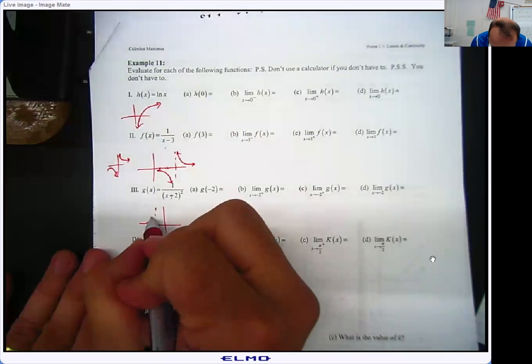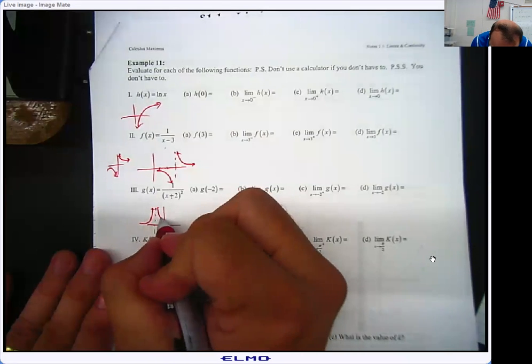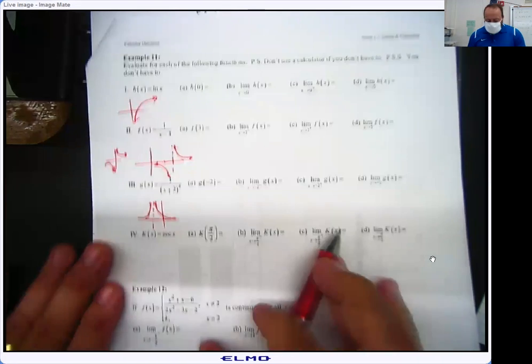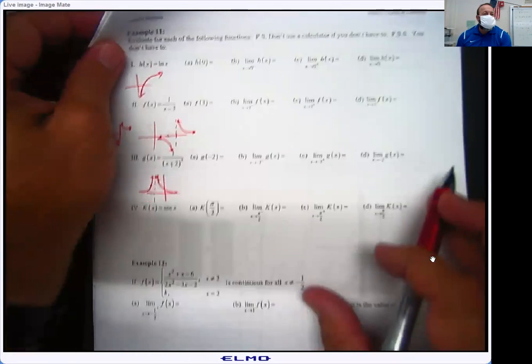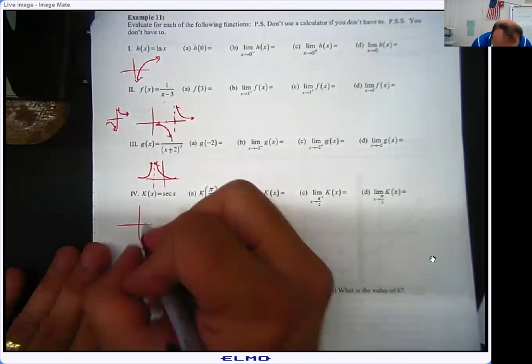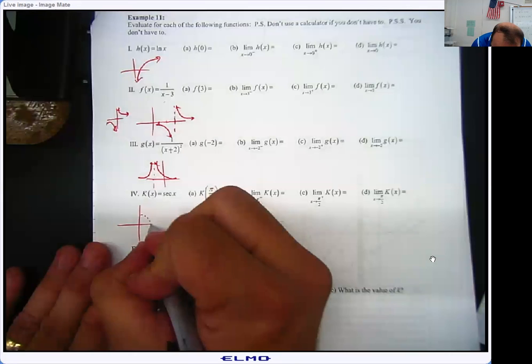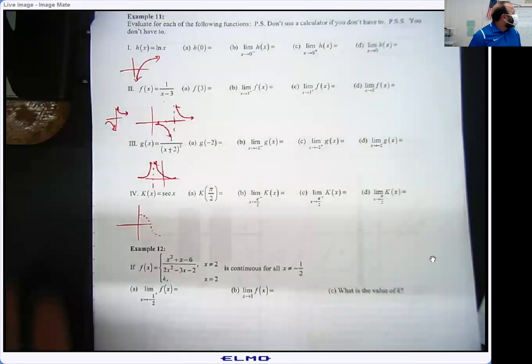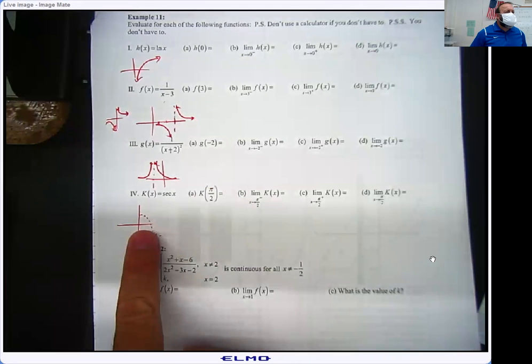These are all graphs that we studied last year. The secant was the reciprocal of the cosine, wasn't it? So it might be helpful to draw the cosine in here. Oh, shoot. What happens if I take the reciprocal of this cosine wave?